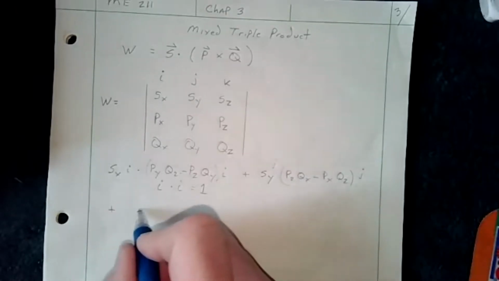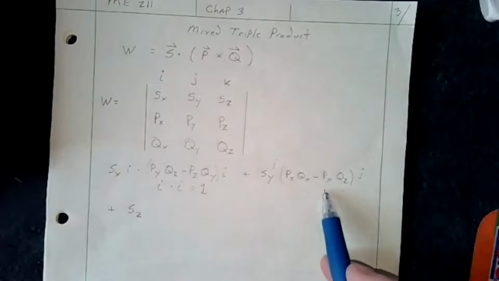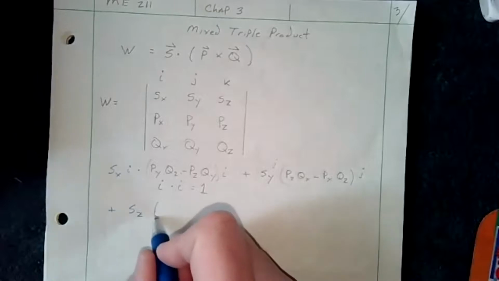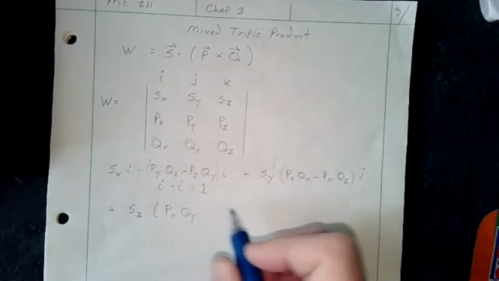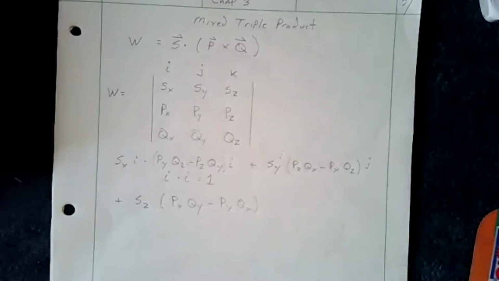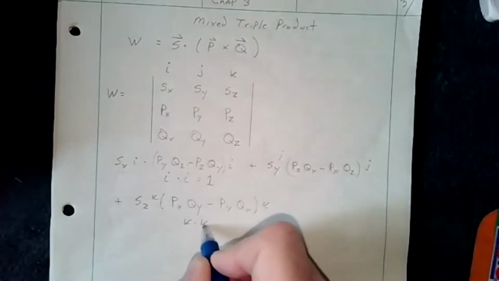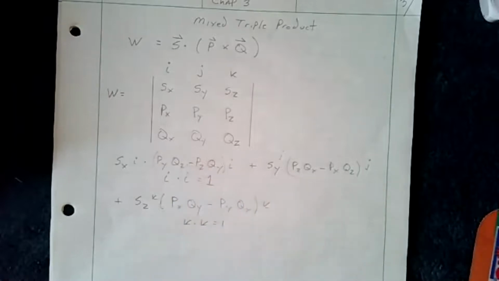And then lastly, you'd have SZ multiplied by PX QY minus PY QX. And that's it. Then you just add, and that's K, and that's K, so K dot K is 1. So you essentially add that number to that number to that number. You have to remember that when you find the moment about a line, it's always a scalar value, okay?